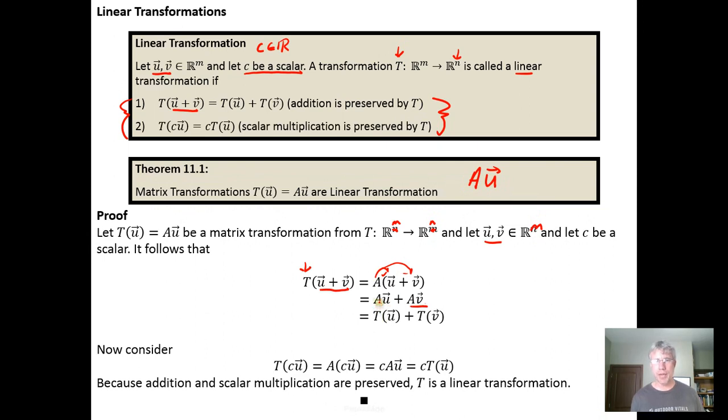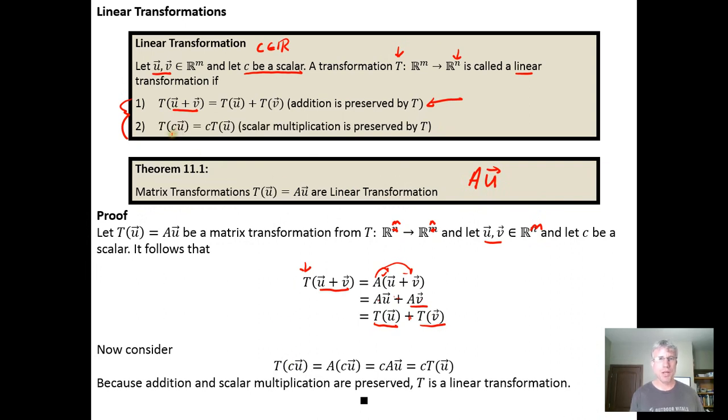But if we multiply the transformation matrix A times the vector U, that's the same as transforming U, plus, if we take the transformation matrix A and multiply it by V, that's the same as transforming V. So we've met the first criterion that needs to be met for a transformation to be linear. And then the second one would also just come straight from our matrix properties.